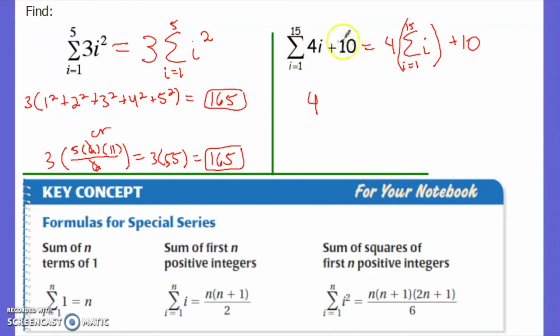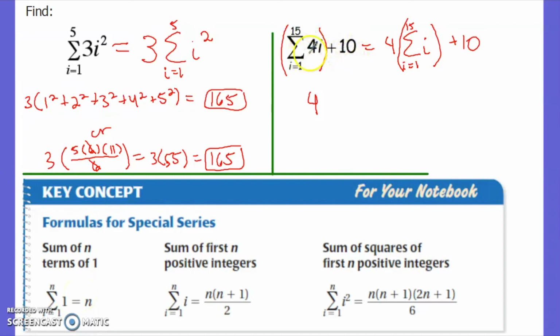Also notice that plus 10, but hey, there's no parentheses here, which means really this is the summation of 4i, and in the end 10 is only added in there one time. Otherwise I would have separated my summation, and we could use that 10 over here in this constant formula. I would have just taken 10 times 15 essentially and gotten 150.